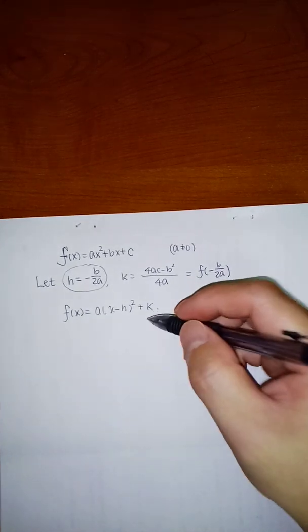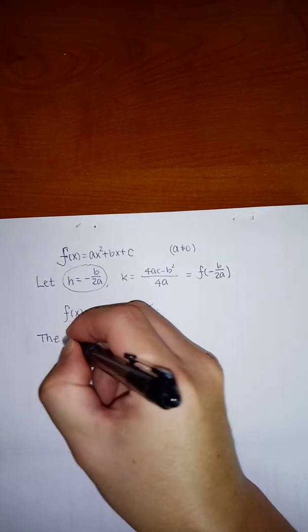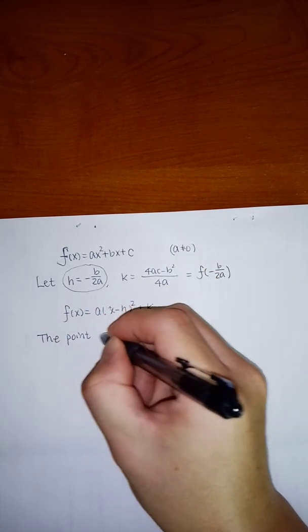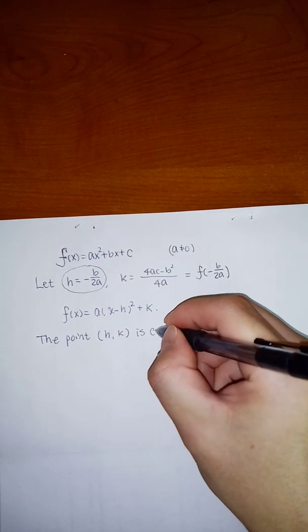And in this formula, the point (h, k) is called the vertex.